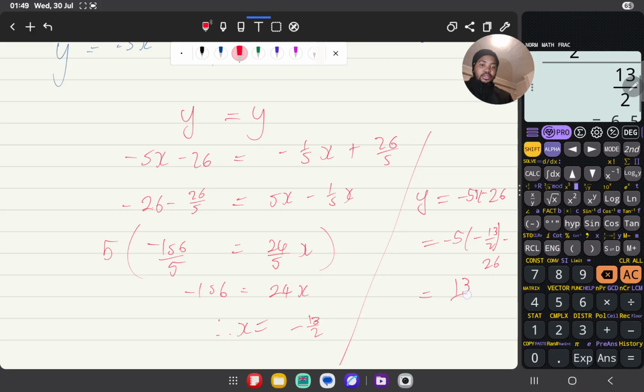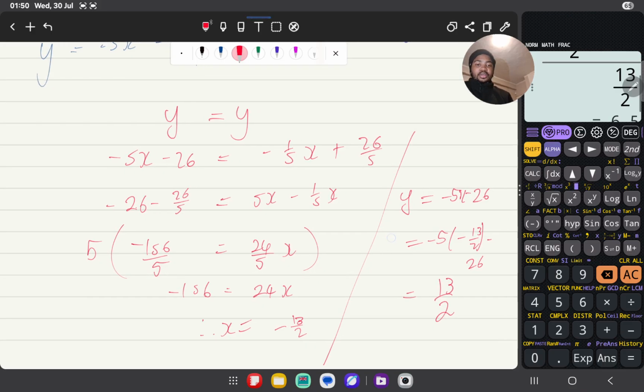I get 13 over 2. So that means the point S is minus 13 over 2, 13 over 2, right?